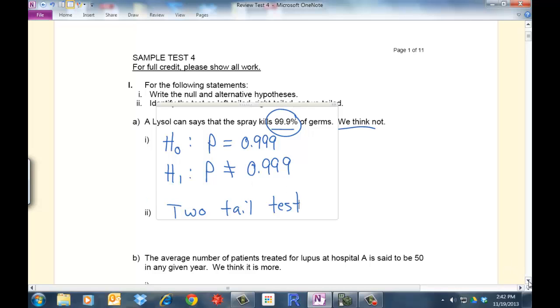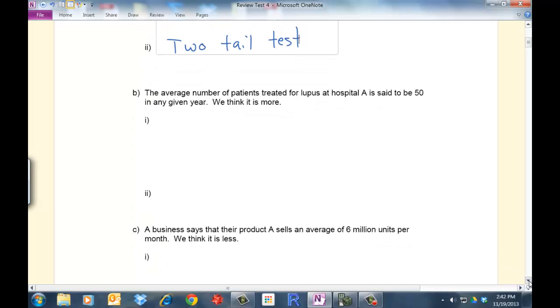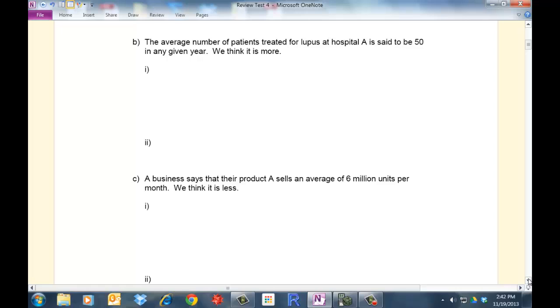And then we'll move on to question 2. So the average number of patients treated for lupus at Hospital A is said to be 50 in any given year. We think it is more.